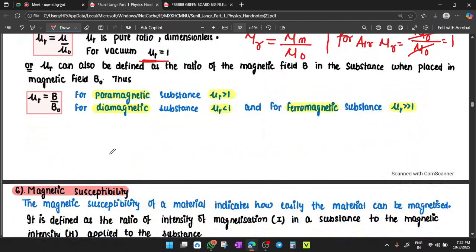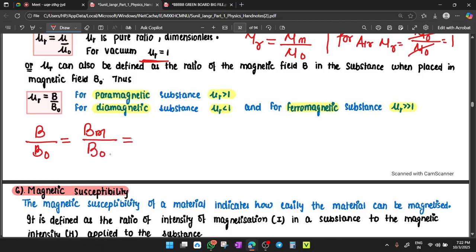Now you can also define mu r as B by B naught. So it is also defined as the ratio of the magnetic field B in any substance, or any medium, divided by B naught.